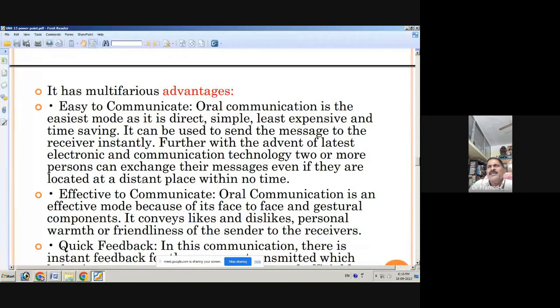So it is very easy to communicate the message. Oral communication is the easiest mode, and it is the direct and simplest one, which can save time. Then it can be used to send the message to the receivers instantly, immediately.